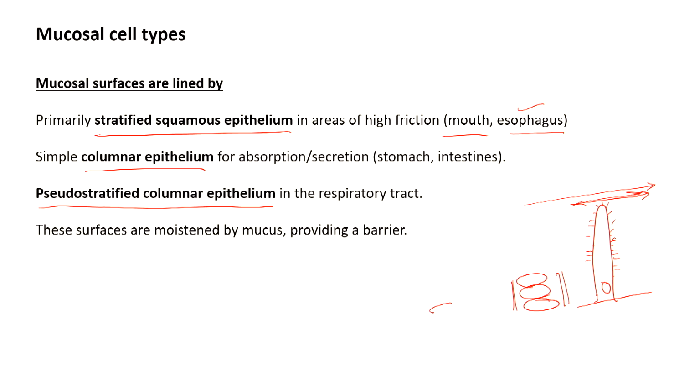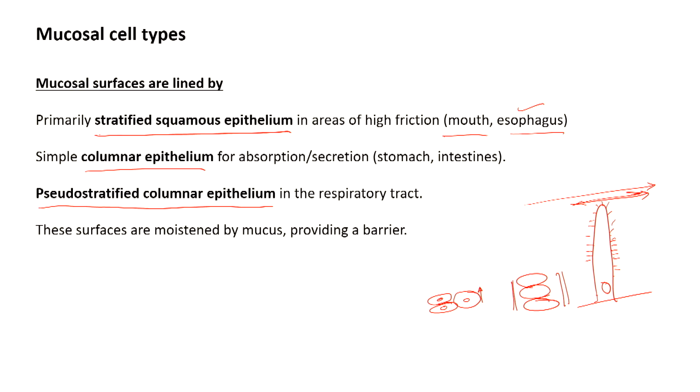For example, if we have this kind of a structure and then you have this kind of a structure, although these are single cells, they are the same size as two layered cells, and therefore this gives a feeling of multiple layers, but these are pseudo-stratified. Pseudo-stratified means false layered. Pseudo means false, stratified means layer, columnar epithelium. So this is a different columnar epithelium, and that's present mostly in the respiratory tract.